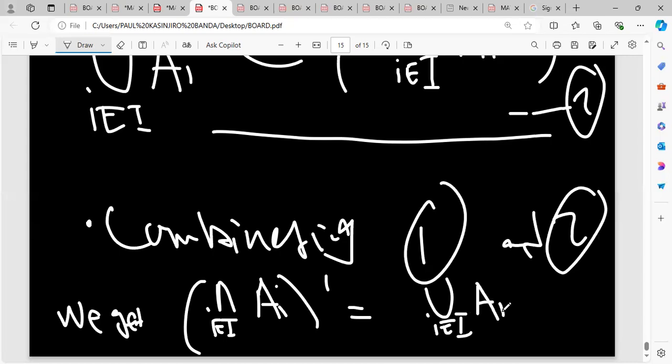Then you can even write hence proved here. Is it okay? Yes. All right.